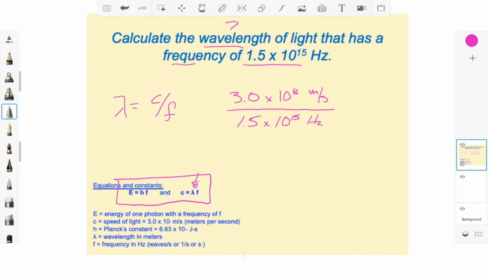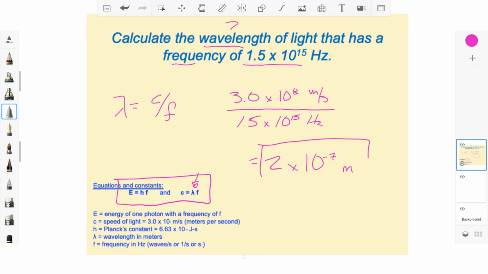Really the only issue here is you just got to make sure that you are plugging this correctly into your calculator. So hopefully you have watched and seen the notes on how to do that. If you do plug this into your calculator correctly, you should get an answer of 2 times 10 to the negative 7th meters.